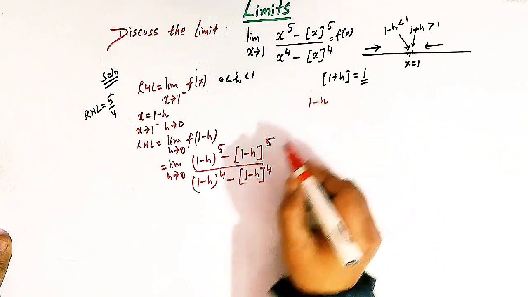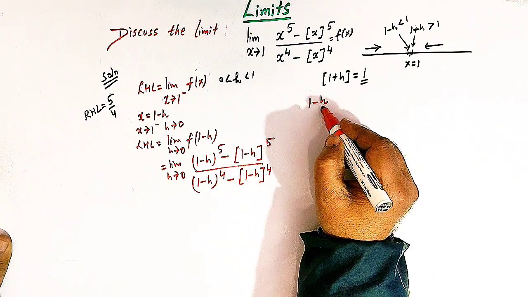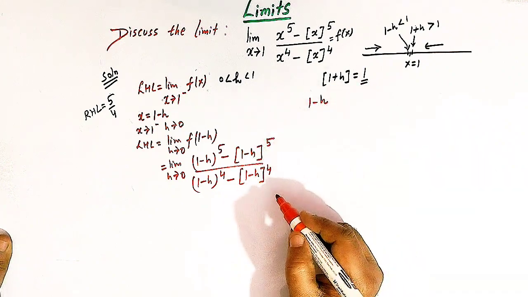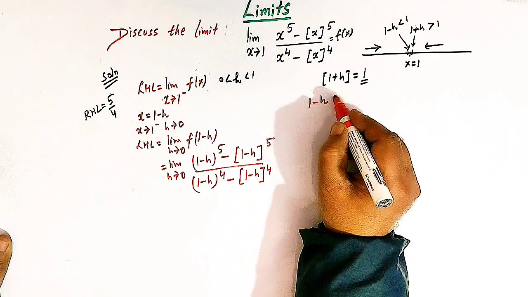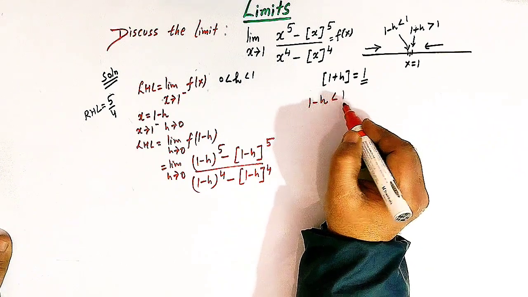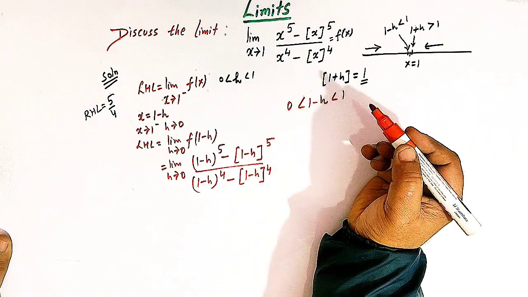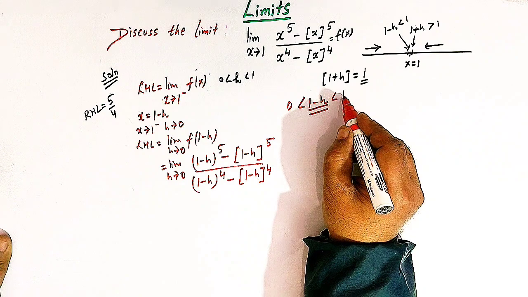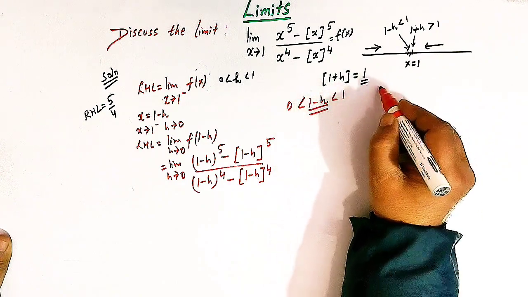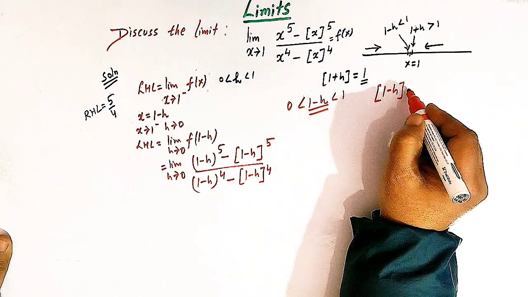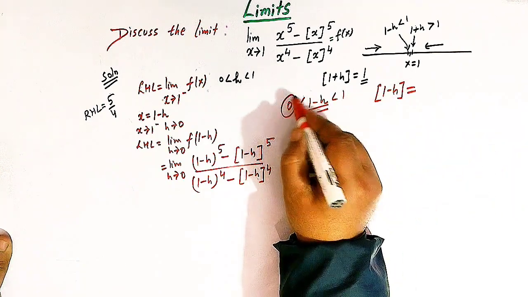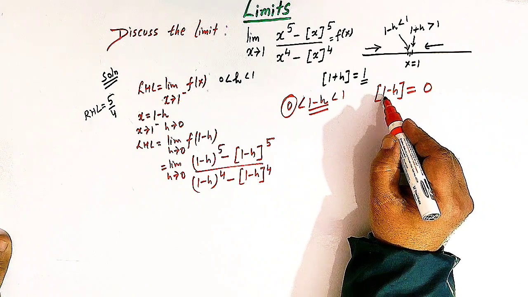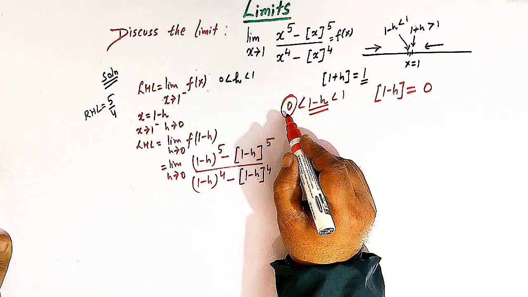So this quantity 1 minus h, because h is a positive quantity, right? When we subtract h from 1, this number is slightly less than 1, but it is greater than 0, right? So 1 minus h lies between 0 and 1, and the greatest integer of 1 minus h is equal to 0, because the greatest integer which is less than 1 minus h is 0.